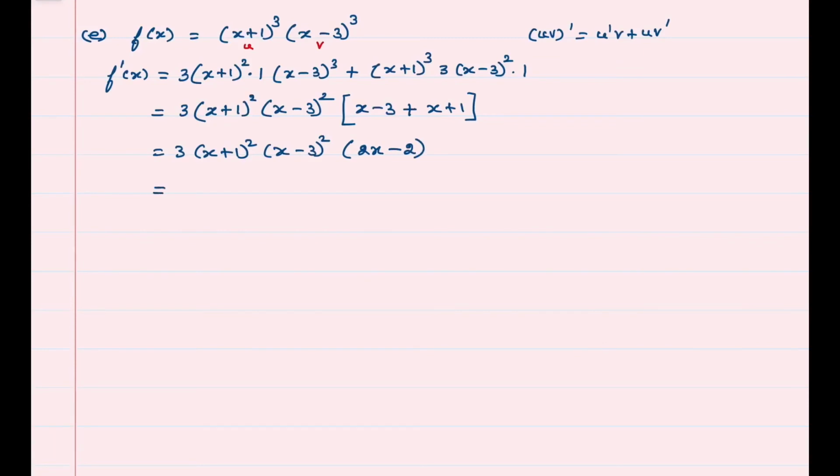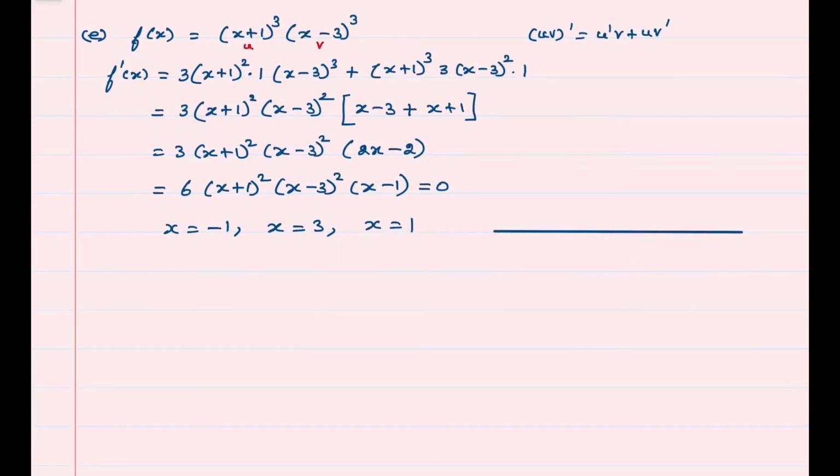We will take 2 out. 6 times (x plus 1) the whole square, (x minus 3) the whole square, (x minus 1). So, we have done complete factorization. We will equate it to 0. We are getting 3 critical values, x equal to minus 1, x equal to 3 and x equal to 1.